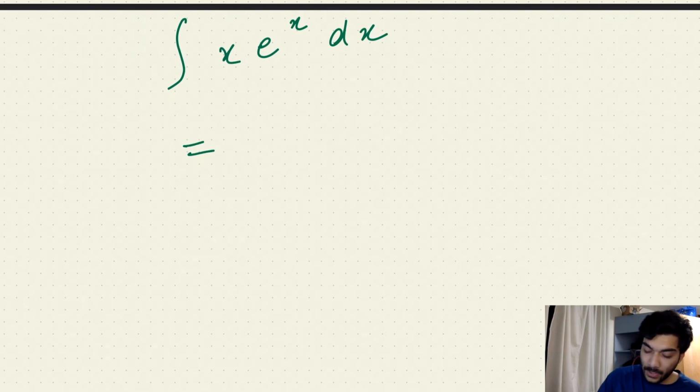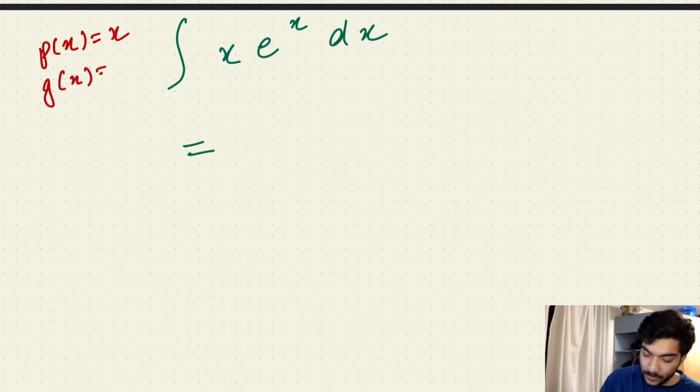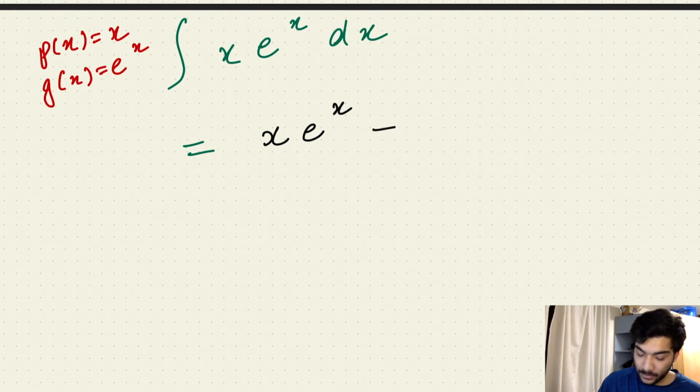So it would again be, we are assuming our first function to be the polynomial function, the second function to be the exponential function, and then if we simplify this down, we'll get first function as it is, integration of second minus differentiation of first, which is 1, integration of second which is e to the power x, and then integration of this whole expression over here.